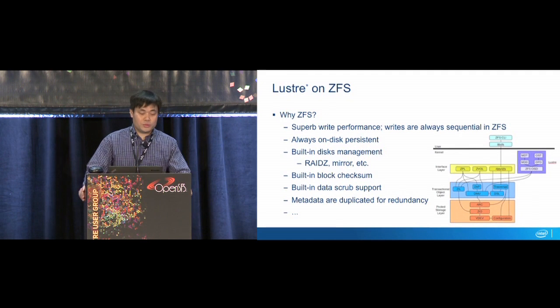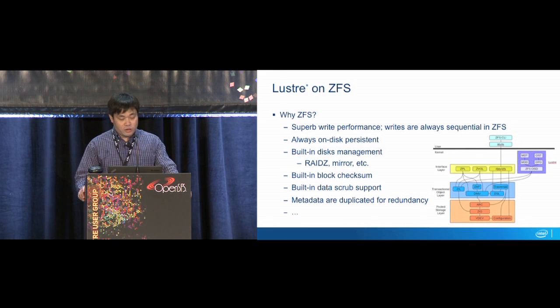So why do we choose ZFS as Lustre back storage? It's because of all of these good things. ZFS can deliver really good I/O write performance because writes in ZFS are always sequential on disk. It is also always persistent on disk, which means there's no need for the FS check.